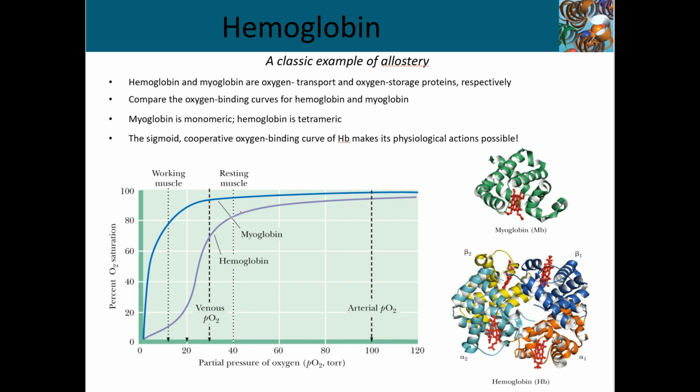Whereas myoglobin is just monomeric and relatively simple structurally by comparison, although it contains a heme, the hemoglobin is tetrameric, which gives it a lot more ability to be tunable and also provides for its cooperative oxygen binding, which gives that sigmoidal curve.